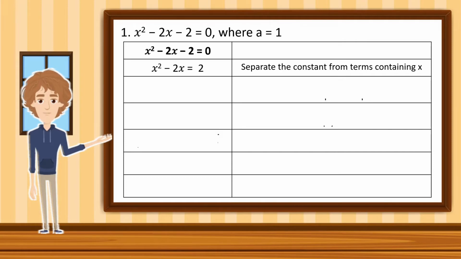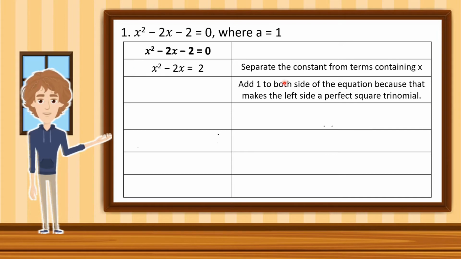All the constants are on the right side, and all the terms containing x are on the left side. Then add 1 to both sides of the equation because that makes the left side a perfect square. So x squared minus 2x plus 1 is equal to 2 plus 1.